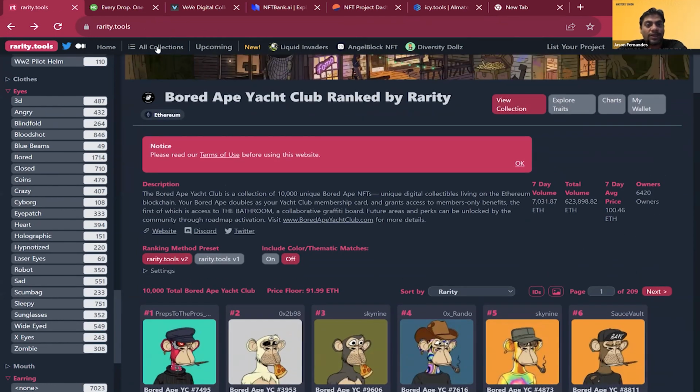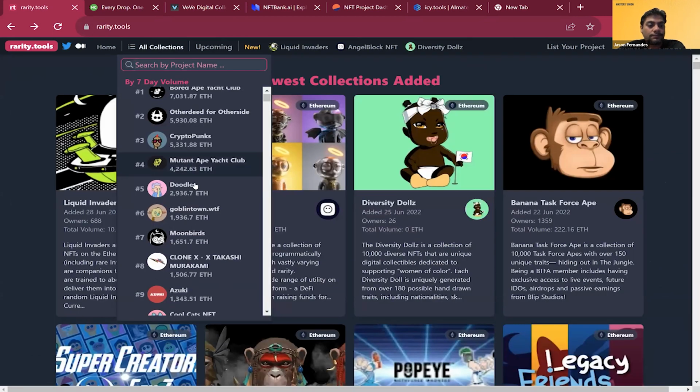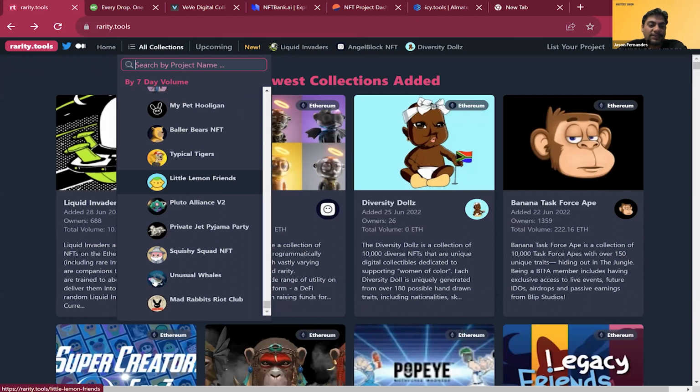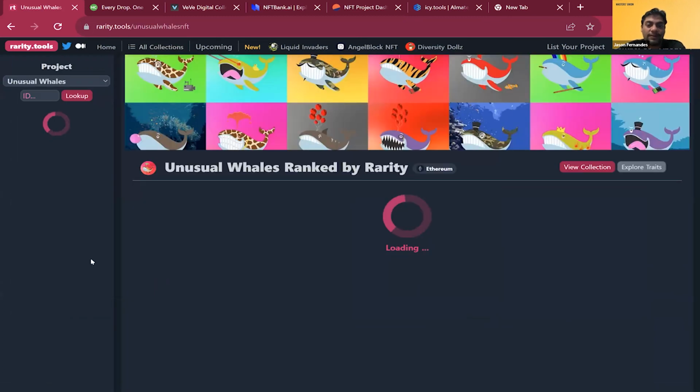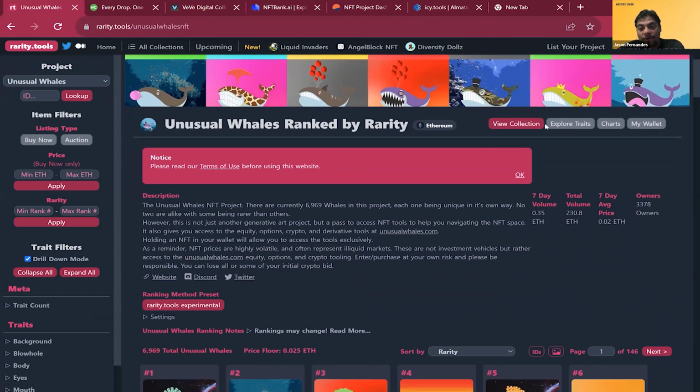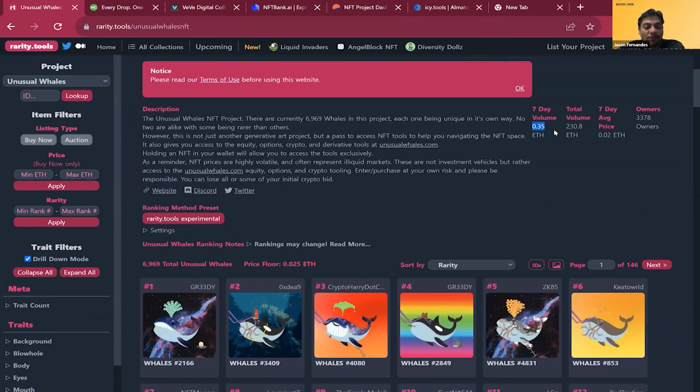Let's look at all collections. And let's look at something like Unusual Whales. If you look at the 7-day volume for Unusual Whales, it's 0.35 Ethereum, which is less than a third of an Ethereum. Right now, I think Ethereum is hovering around $1,000.